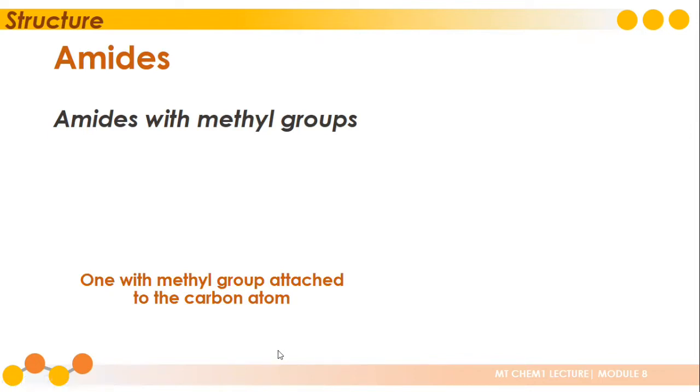So for our unsubstituted or primary amide, we have a carbon double bonded to O, and then we have an NH group. Okay, and then the methyl group for this one is located in our carbon atom, or is bonded with our carbon atom. So this is CH3.